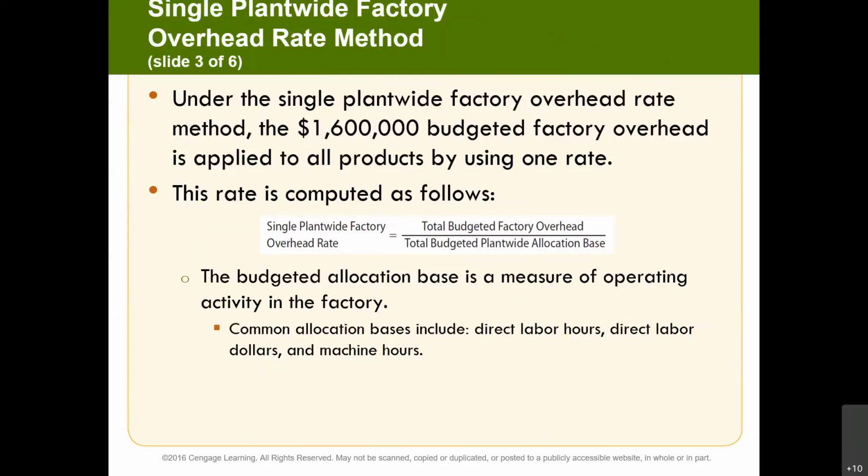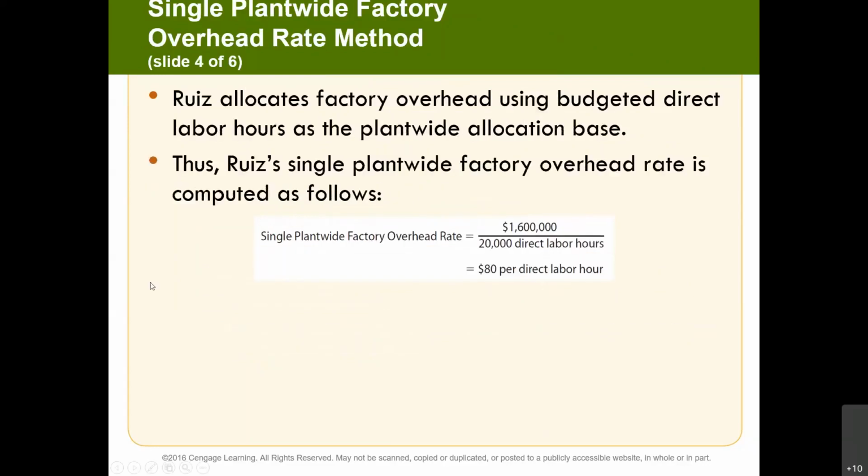These commonly include things like direct labor hours, direct labor dollars, or machine hours. In our example, since we just talked about the labor hours, we're going to use labor hours as our activity base. And so the company allocates the factory overhead using the budgeted direct labor hours as the base.